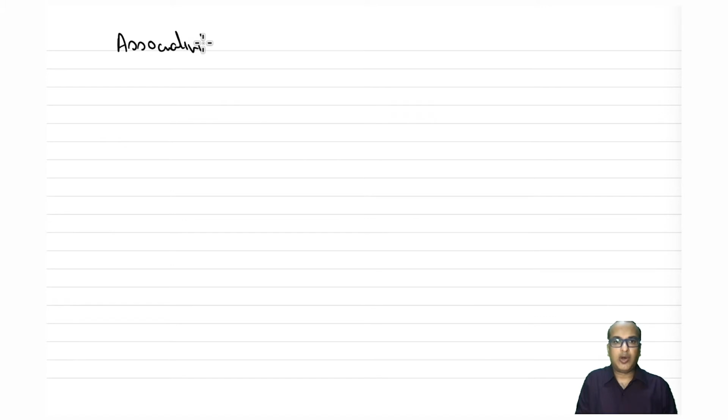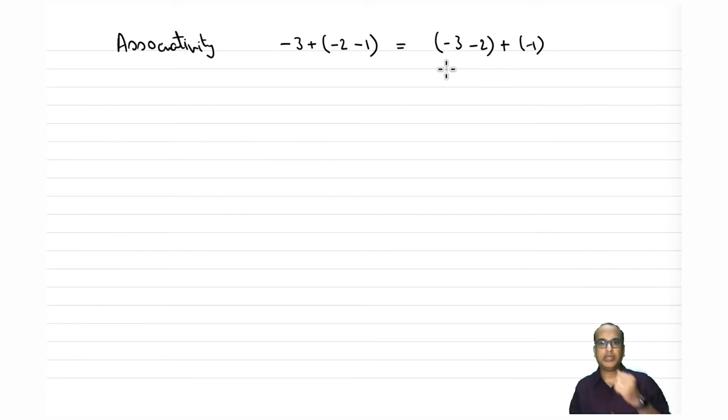Again, this is when combination is equal to addition. So for associativity, (-3 + -2) + -1 must be equal to -3 + (-2 + -1), right? So this holds. We all know that it will hold. So associativity also applies.